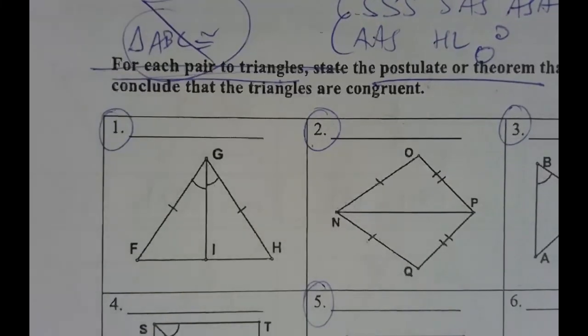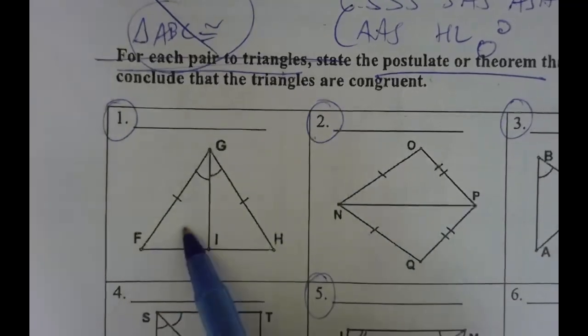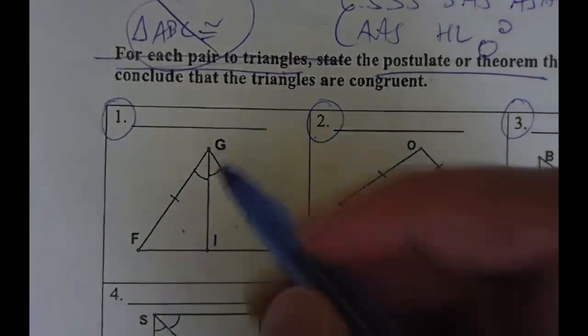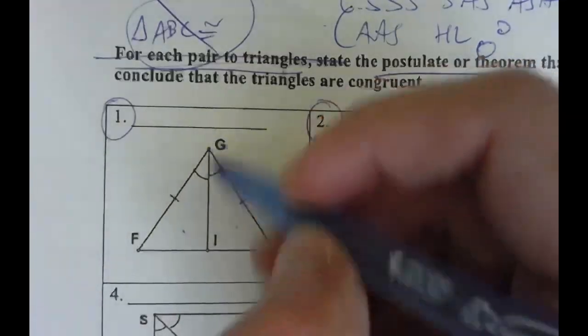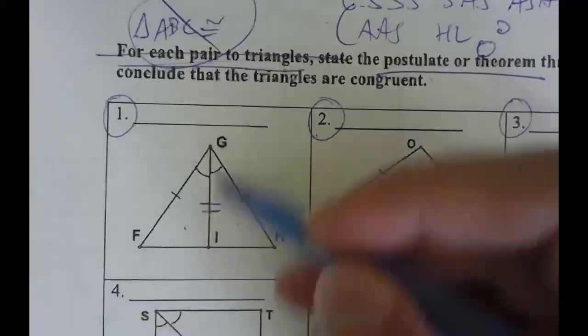All right, now, number 1. We need to come up with one of the theorems that we could apply in order to show that these two triangles, this one and this one, are congruent. The best way to do that, in my opinion, is by realizing this segment GI is reflexively equal in both triangles.